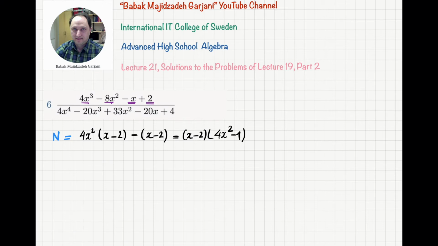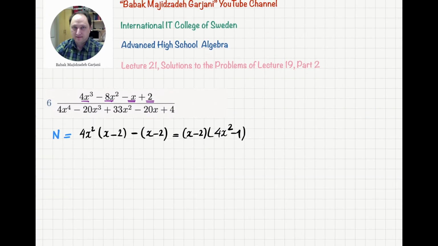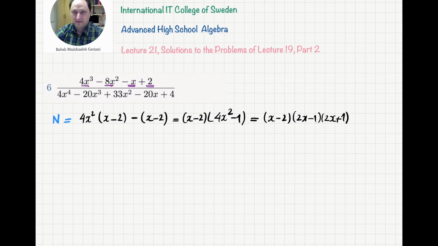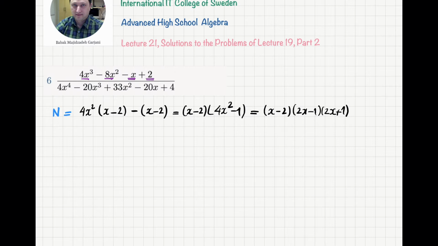And then 4x squared minus 1 is actually a conjugate pattern, so I can write it as x minus 2, 2x minus 1, and 2x plus 1. Very simple, okay? But the denominator is a little bit more tricky. So what should I do? It's not that easy to guess what we're supposed to do.